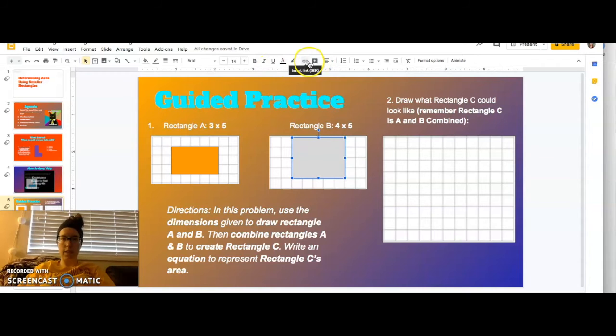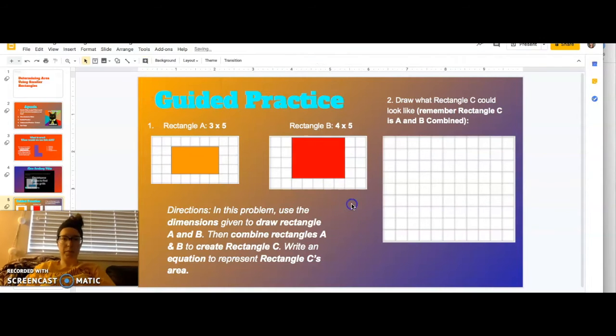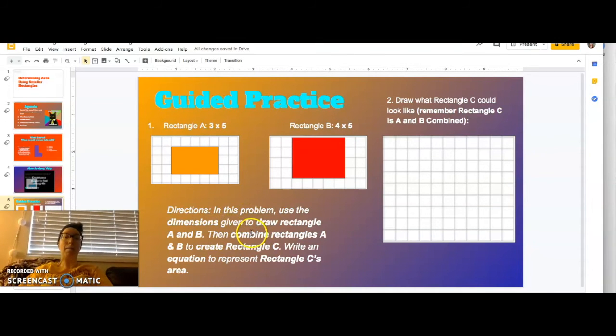Awesome, and then I'll make it a fun color again. Let's do red for this one. Okay, so now I have rectangle A and rectangle B. I've followed the first direction. Now I have to combine rectangles A and B to create rectangle C.